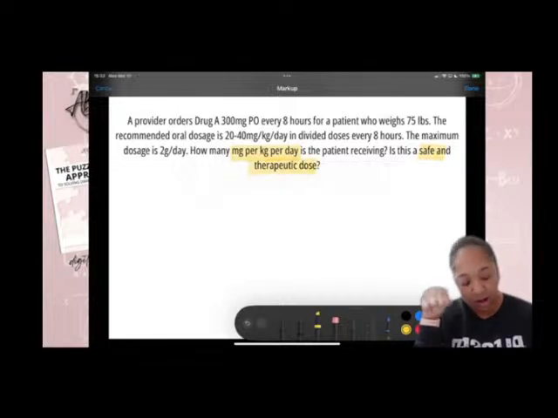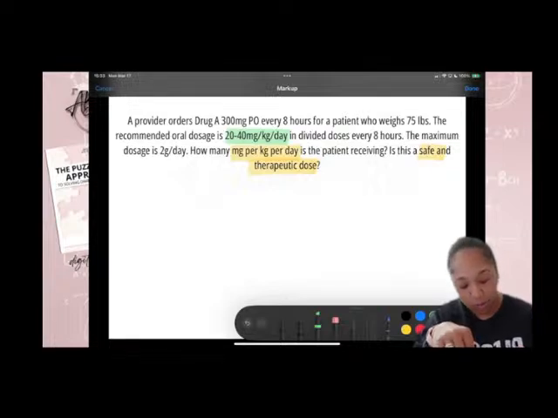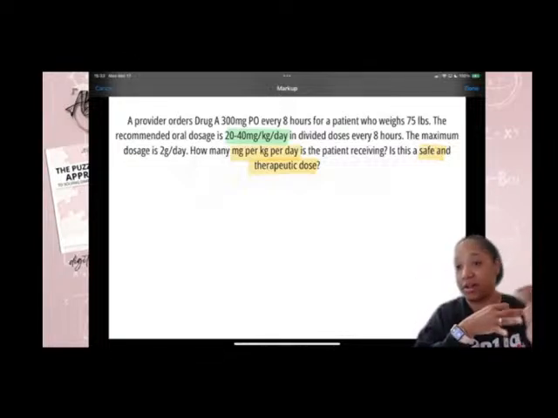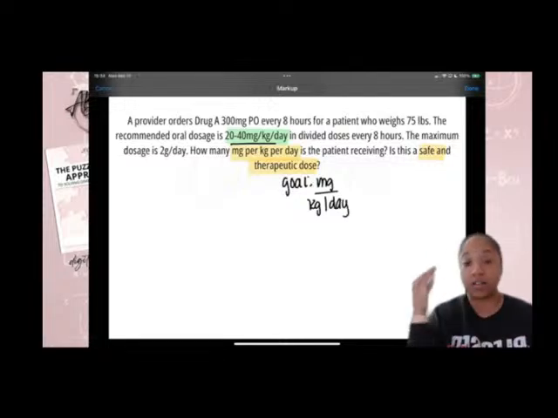What's safe and therapeutic is between these numbers right here, 20 to 40 milligrams per kilogram per day. So what we'll need to do first, because we need to know how much is ordered as milligrams per kilogram per day, then we'll see, does it fit in here. So milligrams per kilogram per day is our goal.